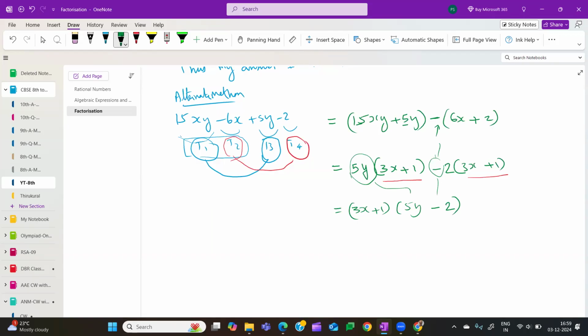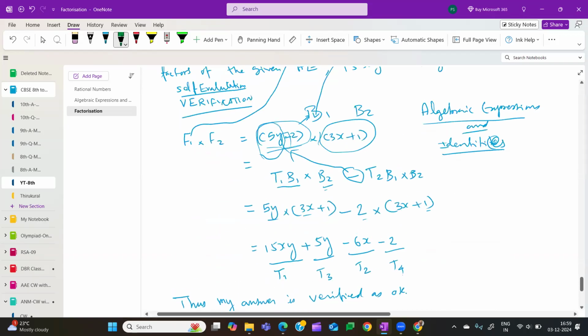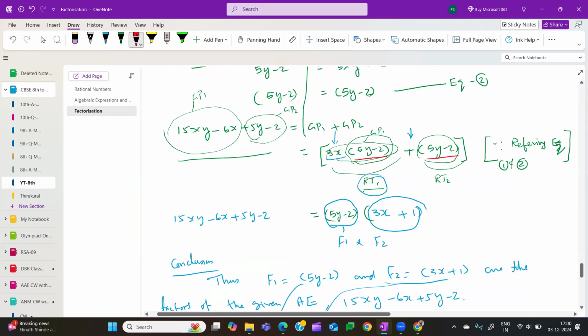So what was our original factor? Our original factor is also 3x plus 1, and this is what our original answer was. That's what we have used to verify this. 3x plus 1, that is binomial 2, and 5y minus 2. Slightly if I go above, you can just see this.